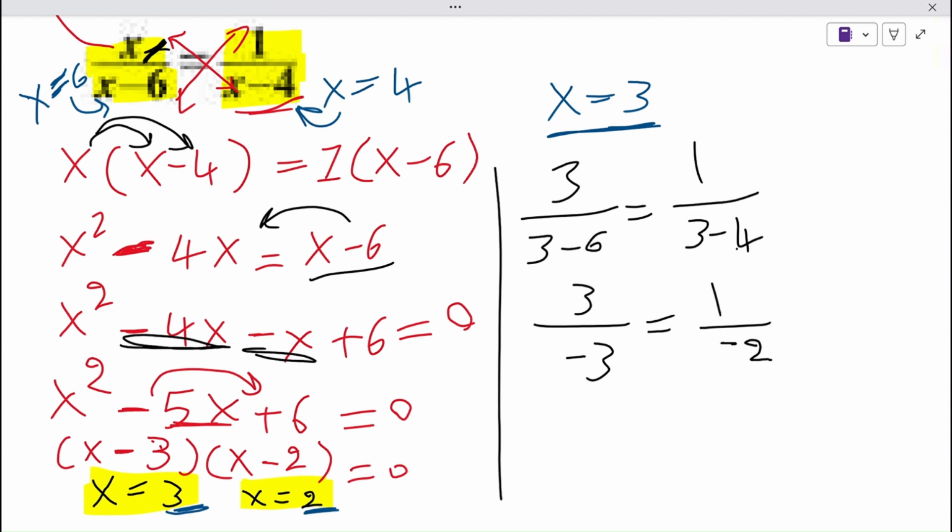So minus 3 over minus 3 cancels and becomes minus 1 is equal to minus 1. So our solution is right.